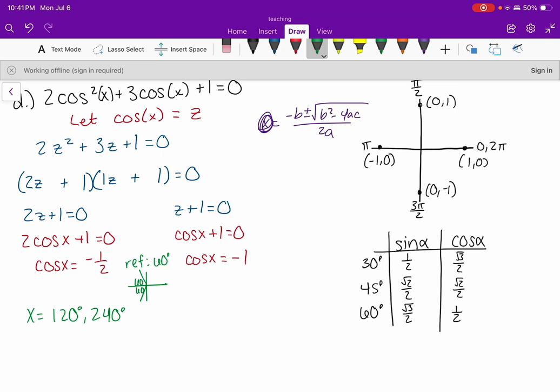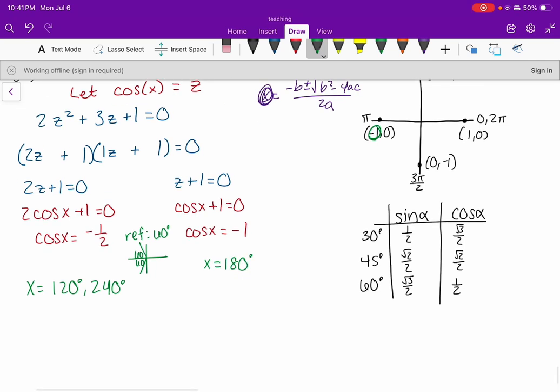Now watch it. Cosine x equals -1. That happens over here at pi, which would be 180 degrees. So these are all my answers. Just for purposes of writing neatly, this would be 180 from this answer. So for my final answer, I would just list all of my angles out.